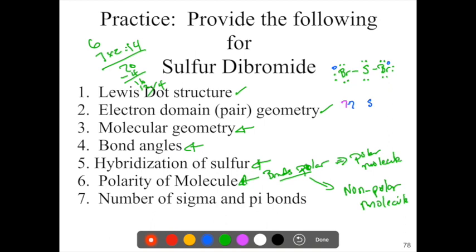Sulfur brings in 6, and I count 1, 2, 3, 4, 5, 6. 6 minus 6 is 0. All zeros with a molecule that has no charge, that is a very valid Lewis structure. When I take a look at this, I will count the number of domains.